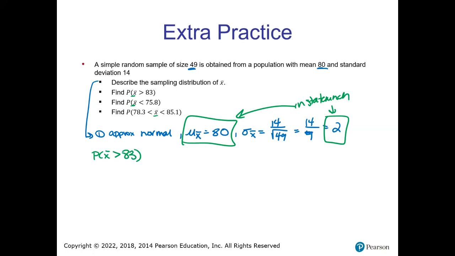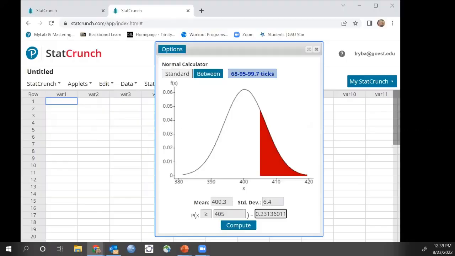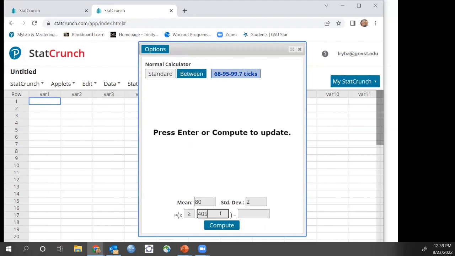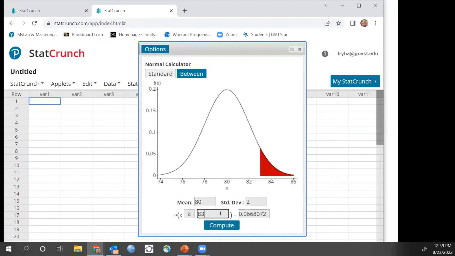Let me open up StatCrunch, with a mean of 80 and standard deviation of 2. The first thing we want to do is find that the means are greater than 83. So I have 0.0668. There's a 0 after it, so we're good there.